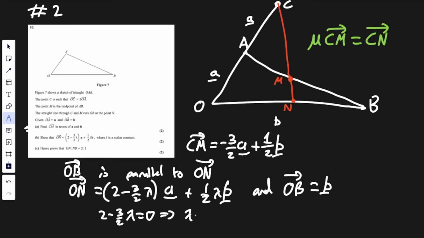That gives us lambda equals 4 over 3, which gives us that O to N is hence 2 over 3 b, i.e.